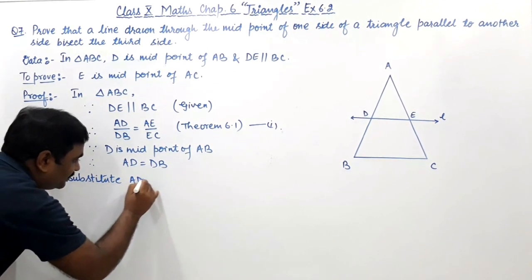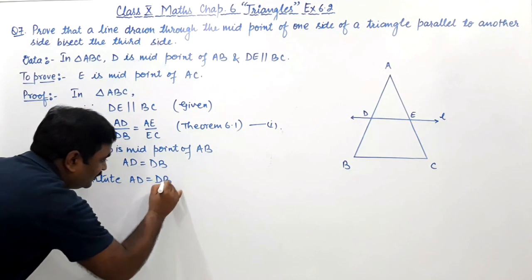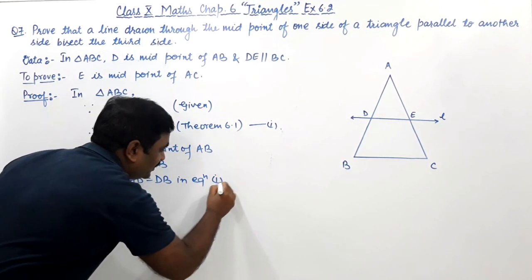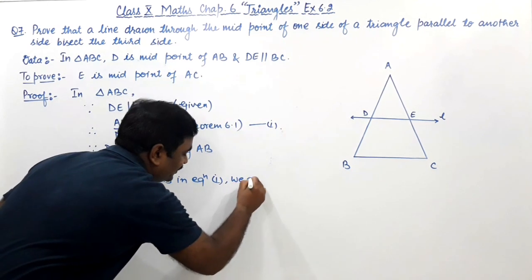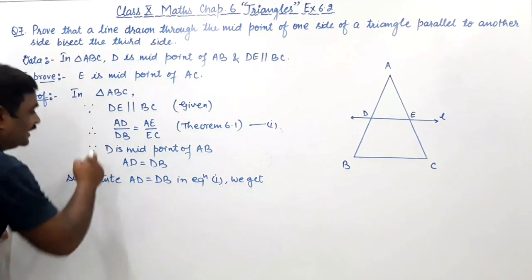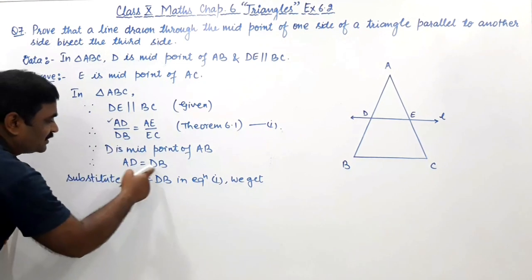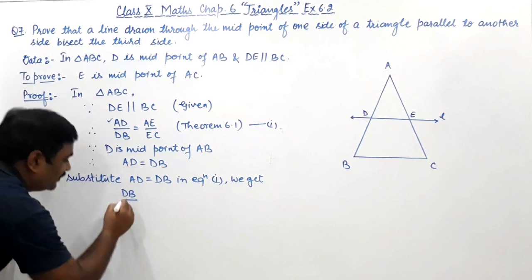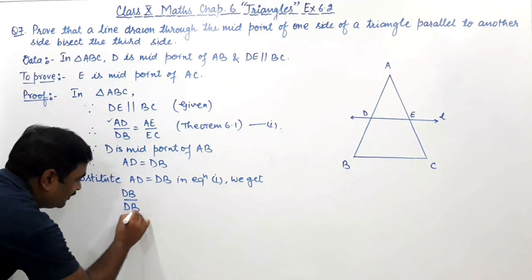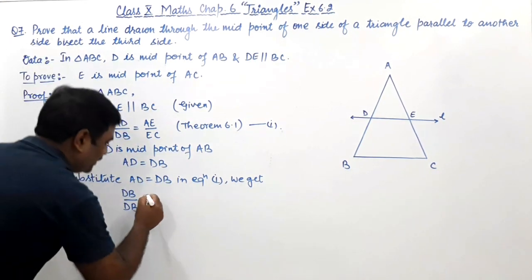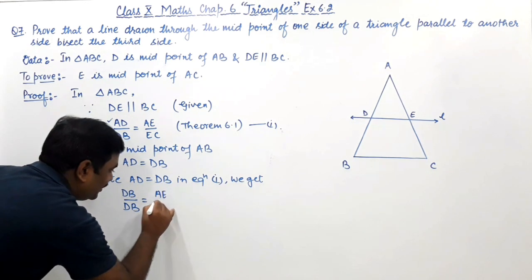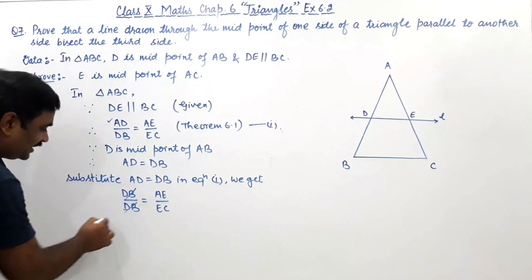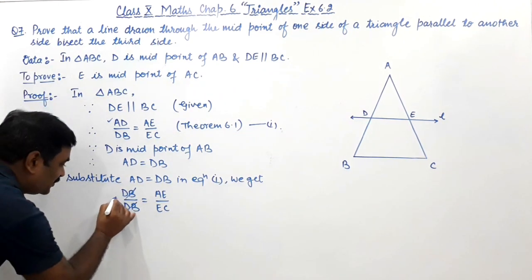We get, at the place of AD we are substituting DB, so DB upon DB is equal to AE upon EC. Since DB and DB are both equal, they cancel, so it will be equal to 1.